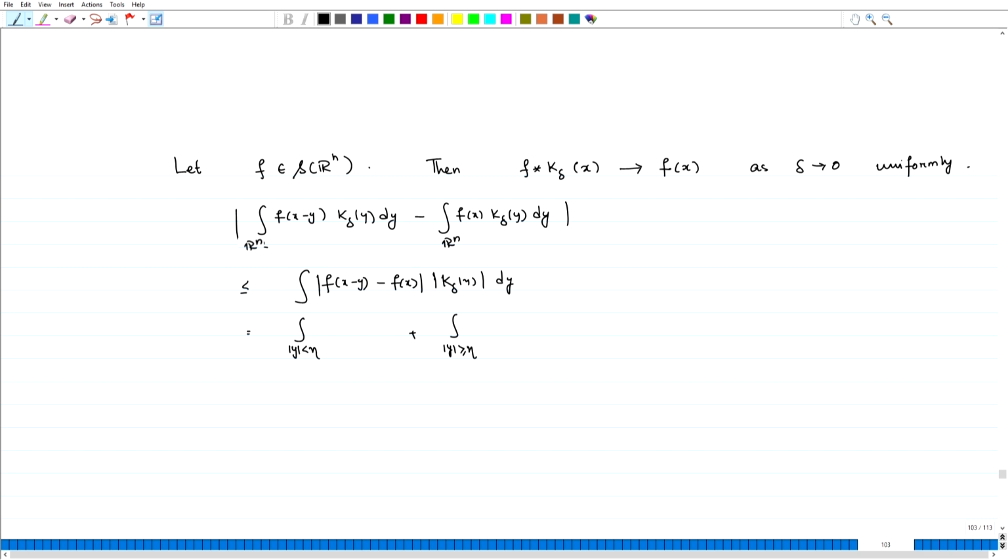Now, in the first integral, I will use the continuity of f, and in the second integral use the third property of good kernel. So, this will give you this is less than epsilon.